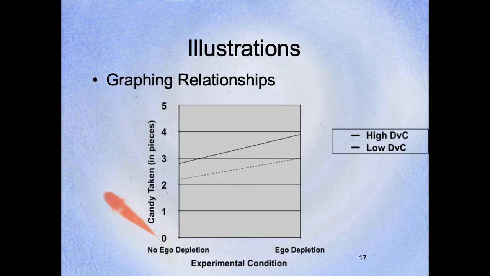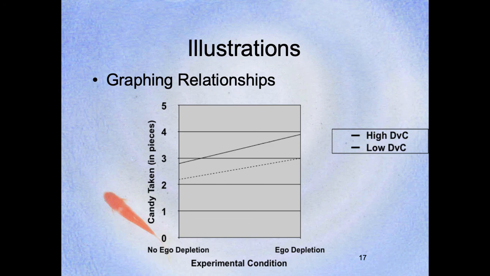You also see line graphs. This is actually more of a bar graph, sort of an ANOVA test. You see no ego depletion to ego depletion, so that's more of a condition, right? So typically you see bars here, but I just put it as a line graph just to show you that with regression, sometimes you're interested in the slopes of those lines and sometimes the differences between those slopes.